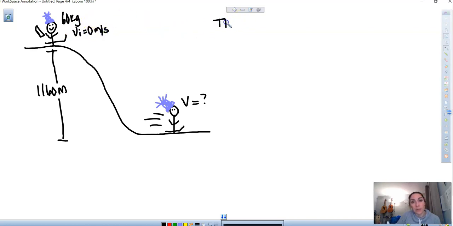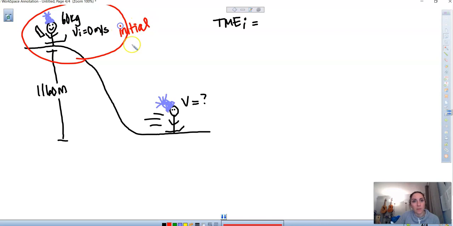So my total mechanical energy in the beginning, or the initial, notice that this is my initial point. And another point is the system is this gear.